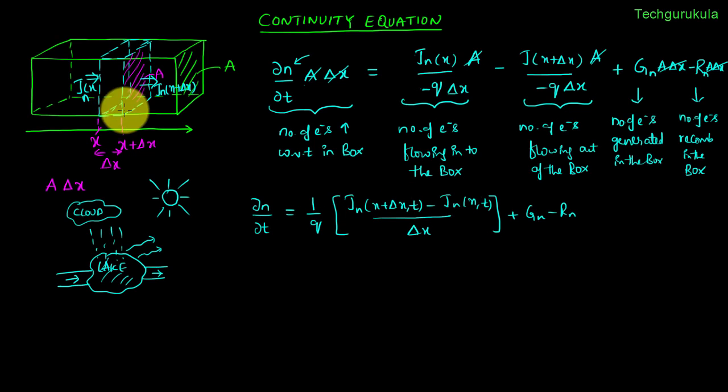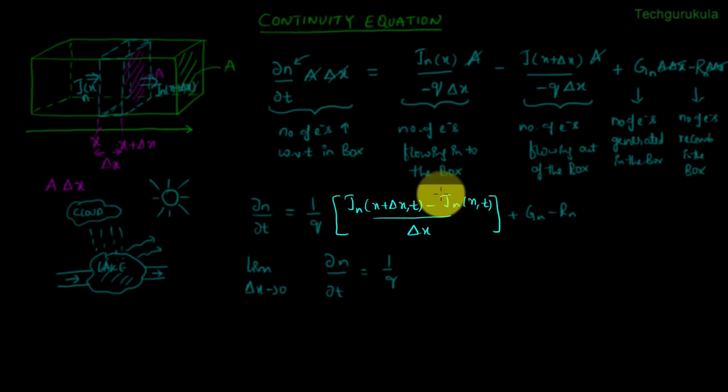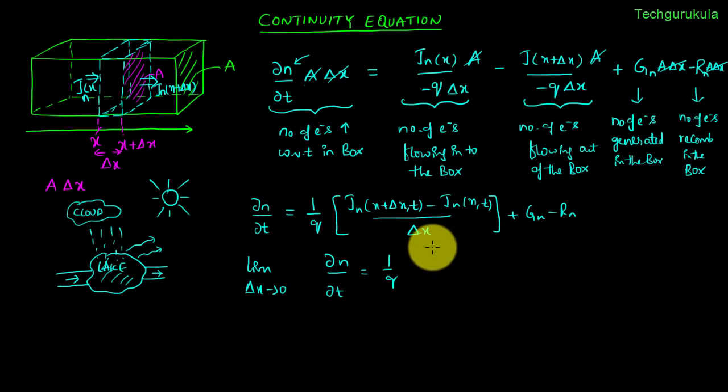Let me assume this is a small box where del x is tending to 0, so that we are talking about an infinitesimal box. So let me apply the limit del x tends to 0 on both sides, so that I can write del n over del t as 1 over q times, this looks like a standard differential equation definition, and a partial differentiation definition, del J_n over del x, the spatial variation of current density, plus G_n minus R_n.